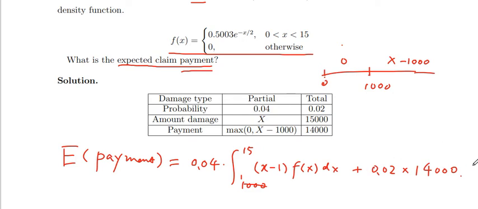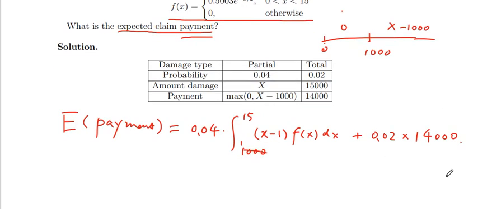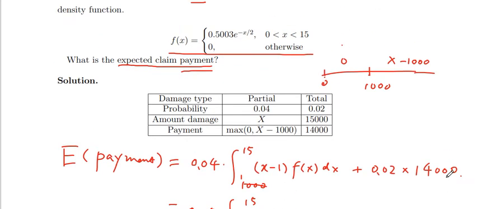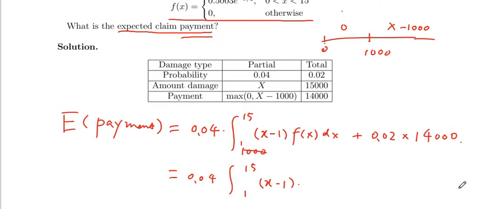Okay. So here we just use this integration, right? So this integration, for integration, first thing is simplify. There's a coefficient, 0.5003.